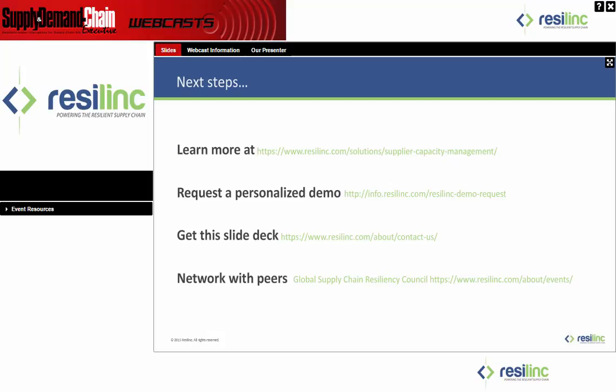Here's another one coming in. How does this work with dual or multiple sources for the same product? The way it works is if a part is multi-source or dual source, first we will collect split information from you, so how much of each part is being used by you.